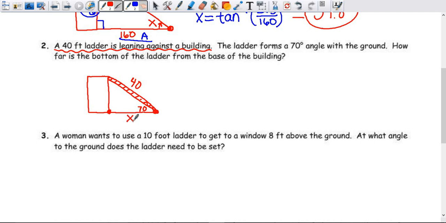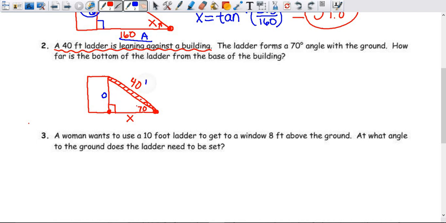X. All right, so this one doesn't say anything about angle of elevation, but now that we've drawn a picture and we see that we're not dealing with all of the sides, we actually know an angle in this, then we want to use right triangle trig. So again, we start by labeling our sides. We'll go across from this 70, and there's our opposite.